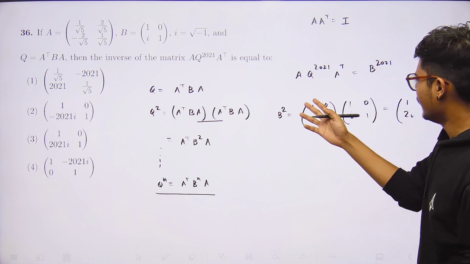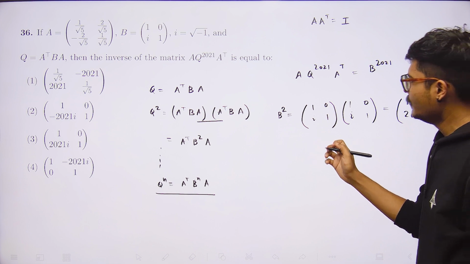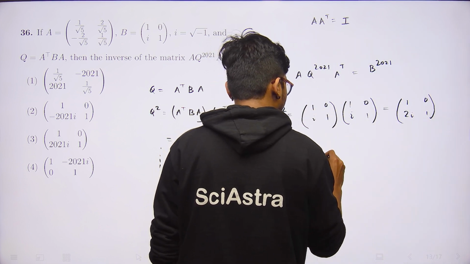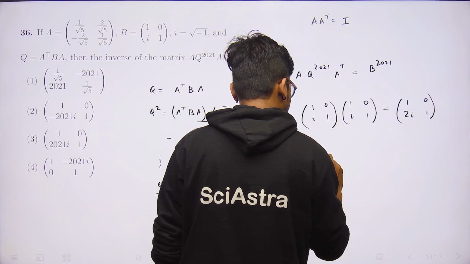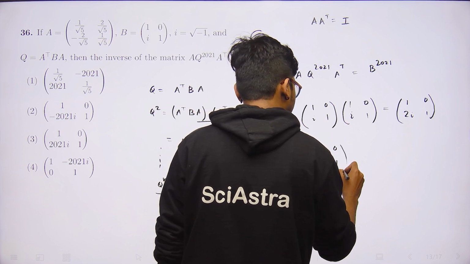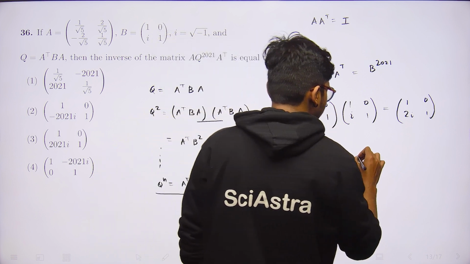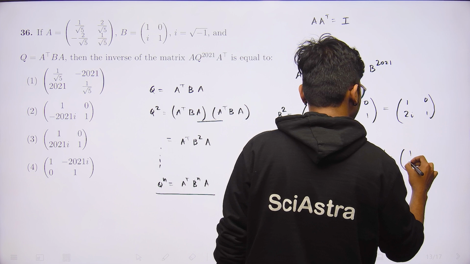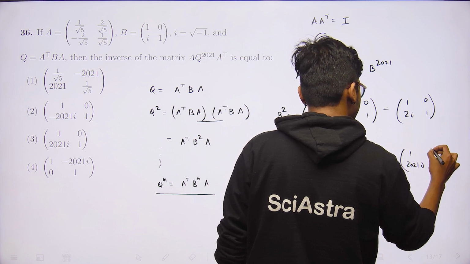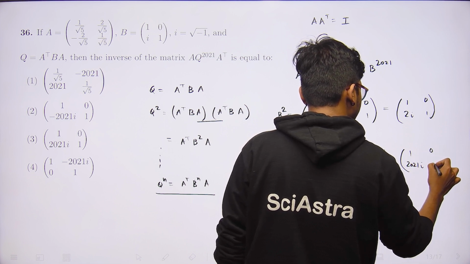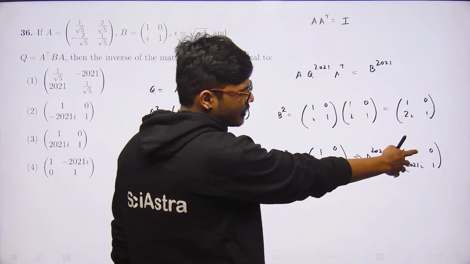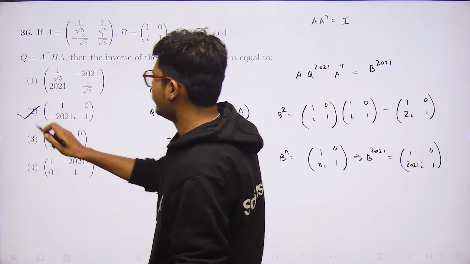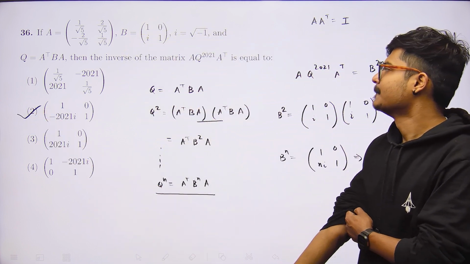And essentially अगर तुम थोड़ा इंटरेक्ट करो and if you look at B cube, you can say that B to the power n is going to be 1 n iota 0 1, right? तो यहां से हमें B to the power 2021 मिल जाएगा, right? Which implies that B to the power 2021 should look like 1 2021 iota 0 1, right? So this is a very simple 2 cross 2 matrix. So इसका inverse you can directly find it, and if you find it, it should be what? It should be option 2, right? तो ये आ गया इसका inverse, ठीक है?